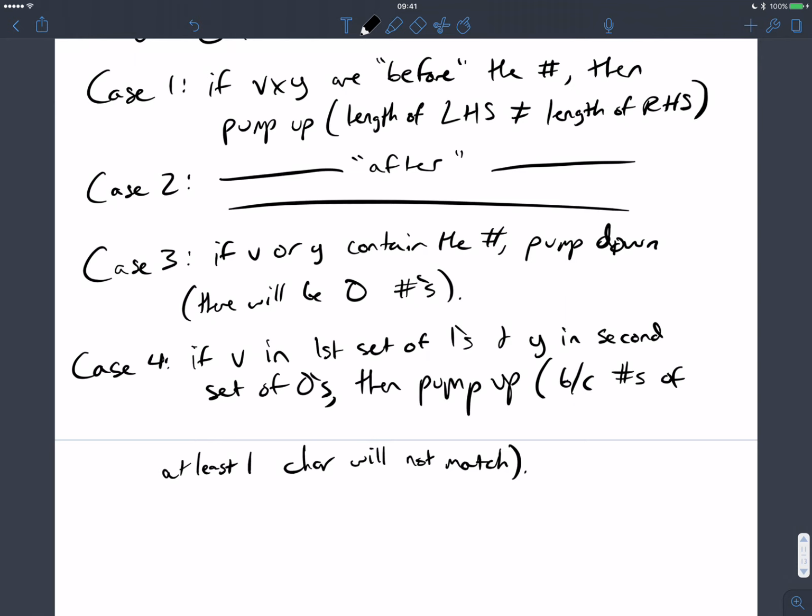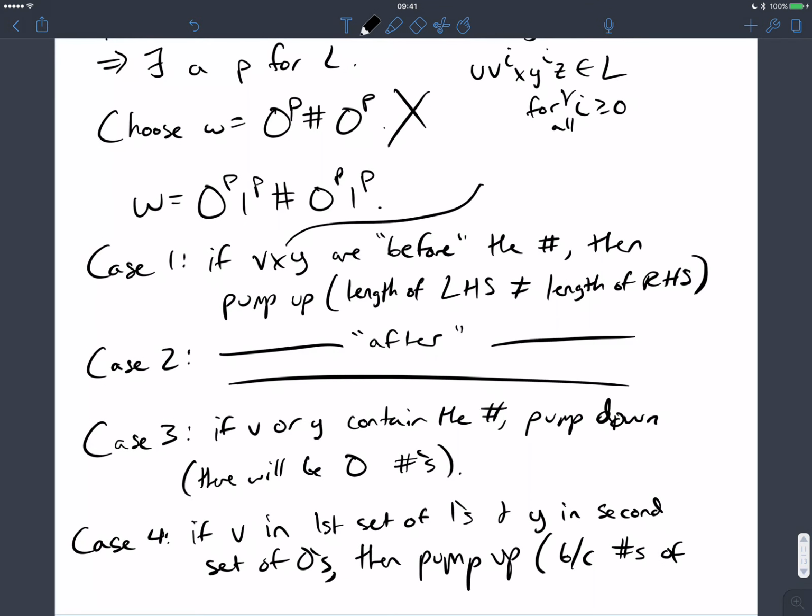So, as an example, if we have a bunch of zeros, ones, and then maybe the V part is right here, the X part's here, and the Y part's here, for example. That's one decomposition.